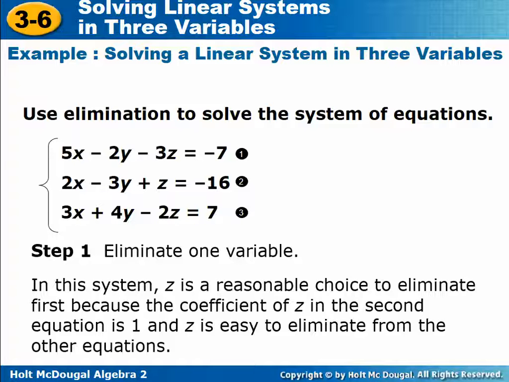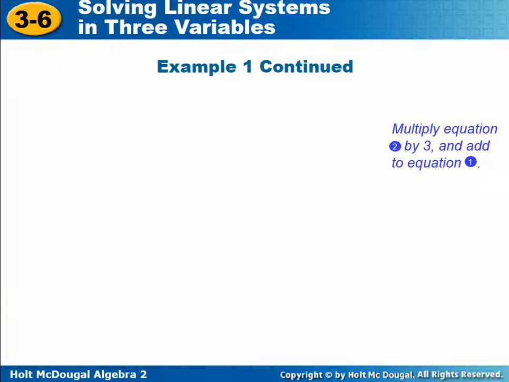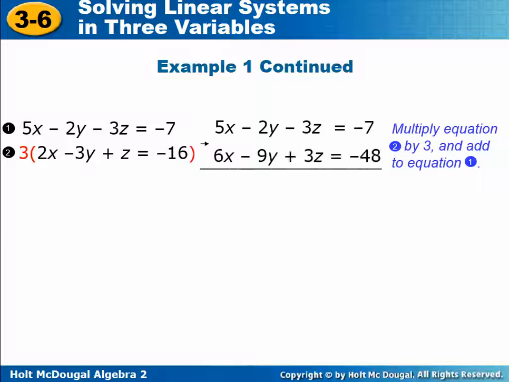It's not always going to be eliminating the z, but it looks like it's going to be pretty easy to do because we have a 1z in this middle one, and it'll be easy to eliminate from either the top one or the bottom one. So here's our three equations again. We're going to multiply the second equation by 3. Because the first equation, number 1, was negative 3z, I want this one to be a plus 3z.